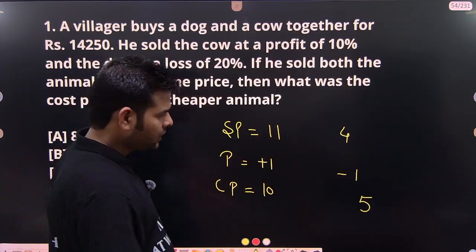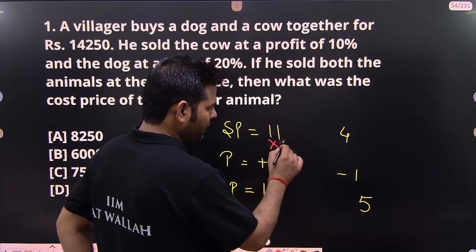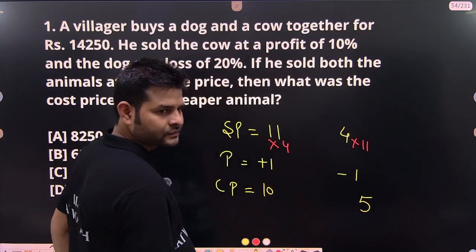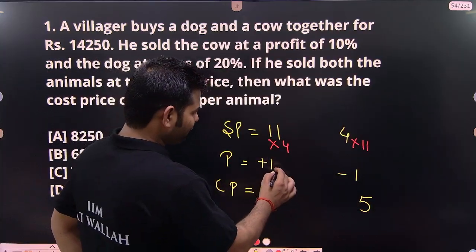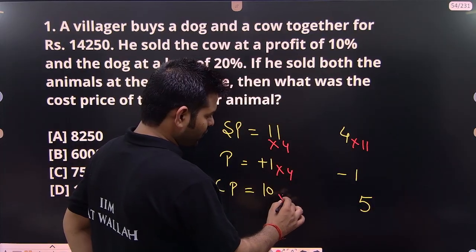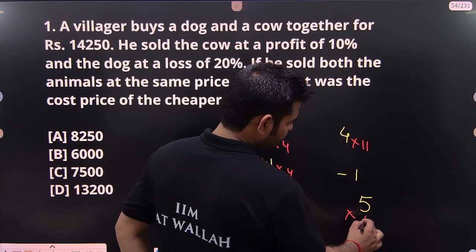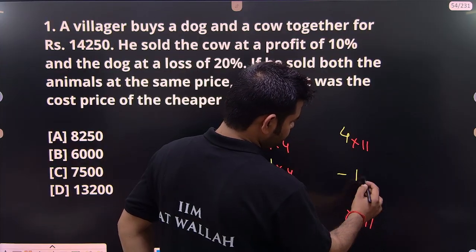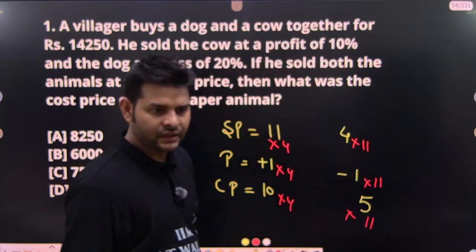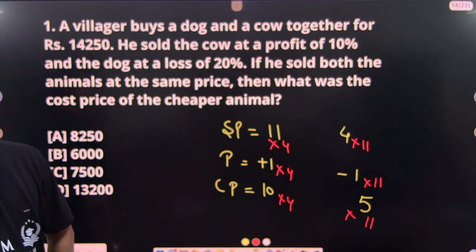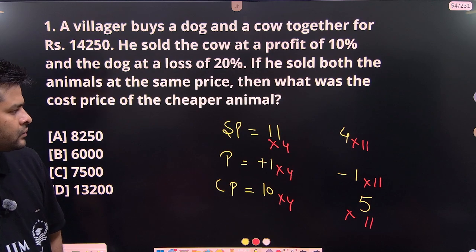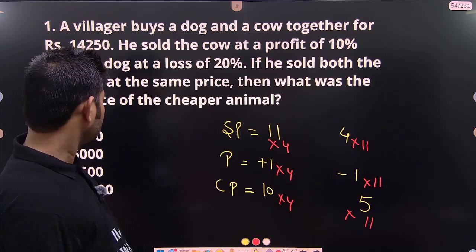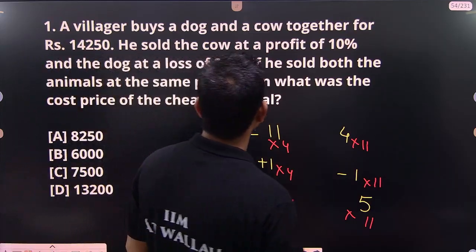So for equal, I need to multiply 4 here and I need to multiply 11 here. If I multiply 4 here, I also need to multiply 11 here. Got it? Very nice, fantastic.